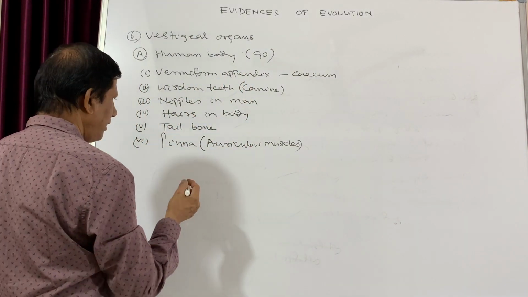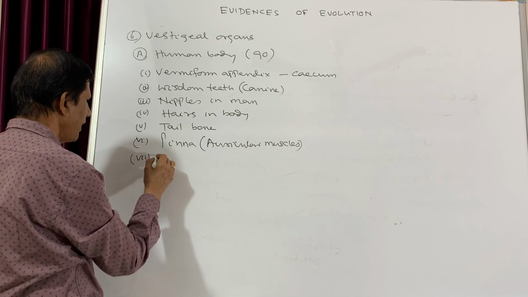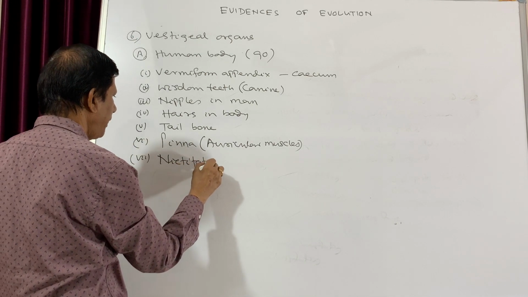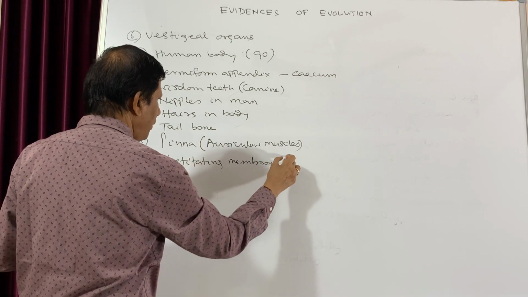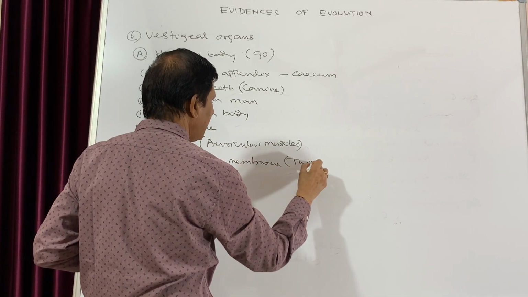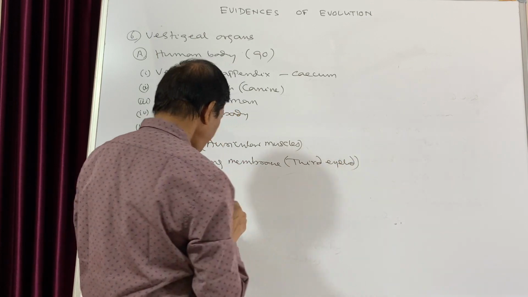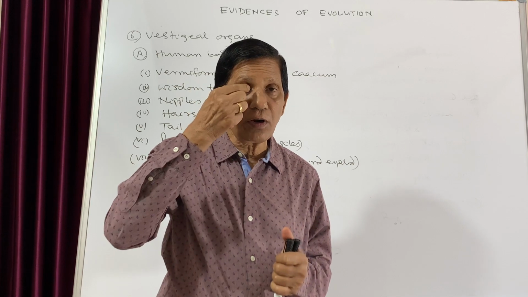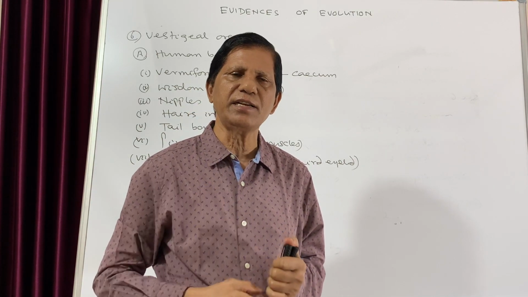Similarly, another point we can take is that of the nictitating membrane, or you can call it the third eyelid. The nictitating membrane or third eyelid is present in the corner of our eye. It is vestigial, it is not necessary.